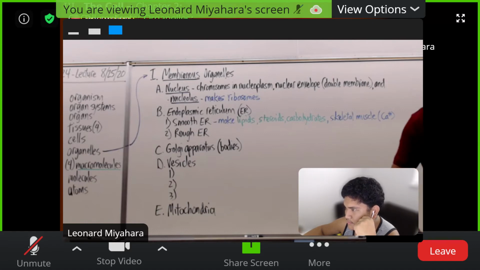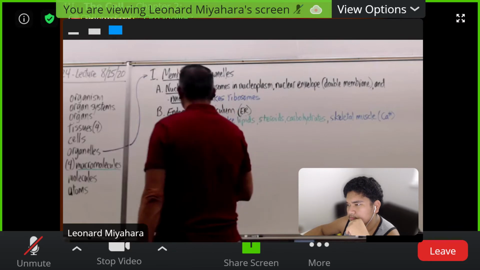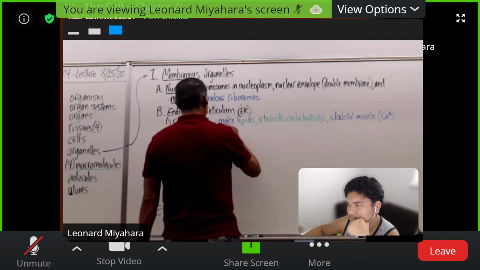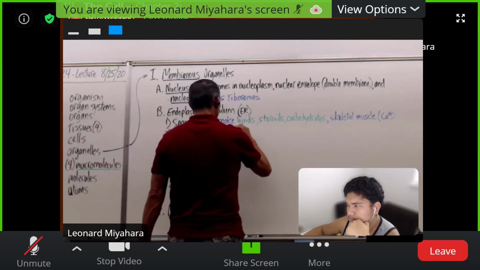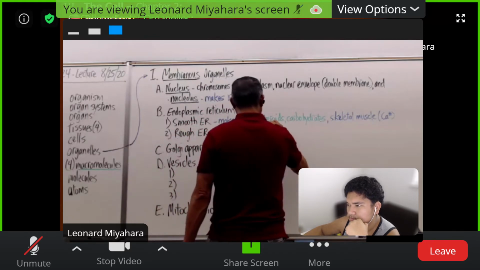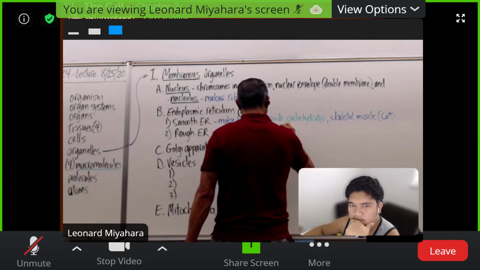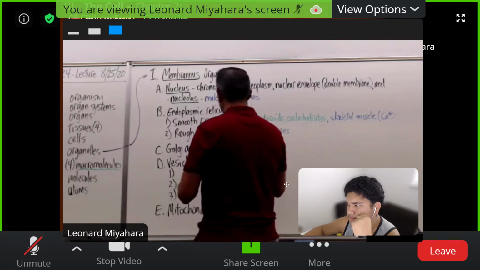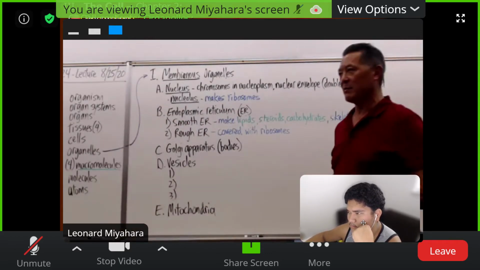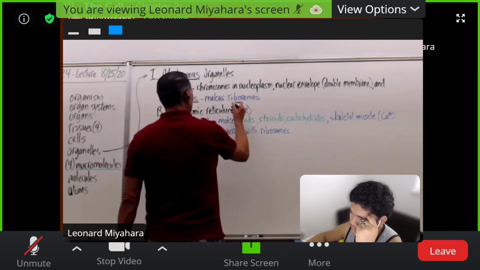And then you have rough ER. Why do we call it rough ER? Because it looks rough. Why does it look rough? Because it is covered with ribosomes. And ribosomes are, I think, the first non-membranous organelle we're going to look at. So this also needs to have a purple line because this is an organelle.